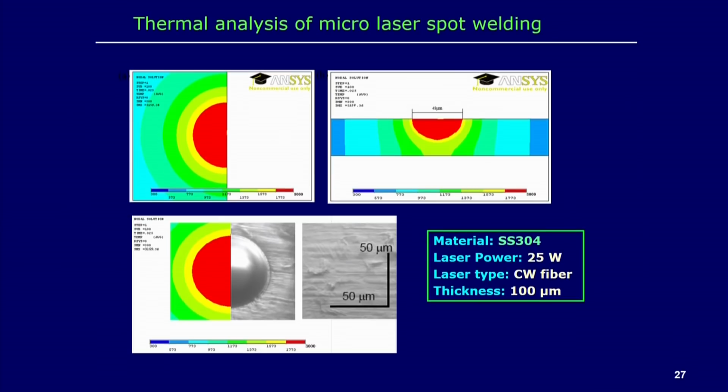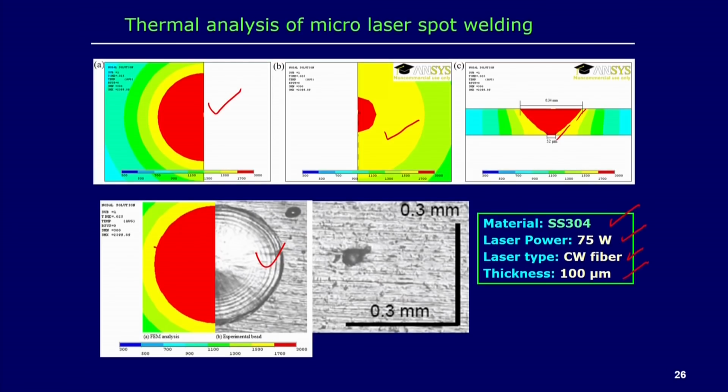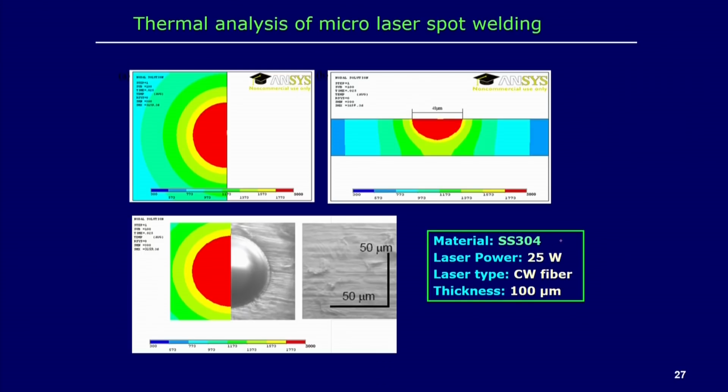So, another thermal simulation of the micro laser spot welding process, but in this case the laser power was less, only 25 watt, compared to the initial 75. Here you can see the top surface profile and the thermal profile.